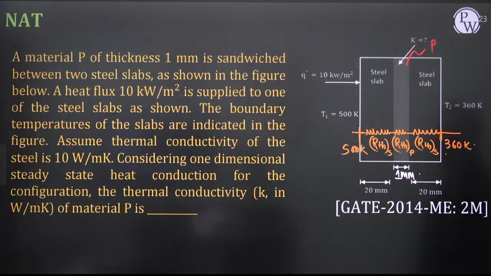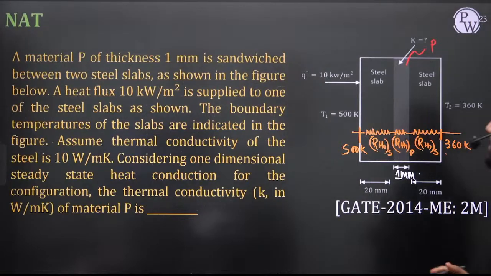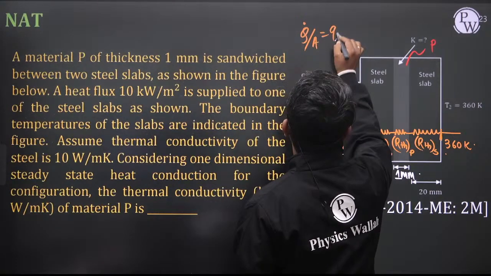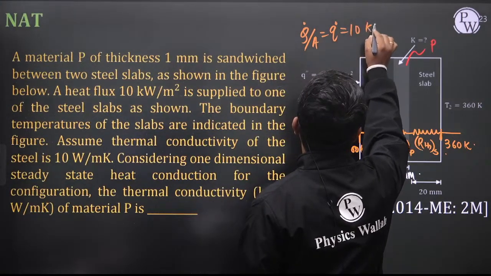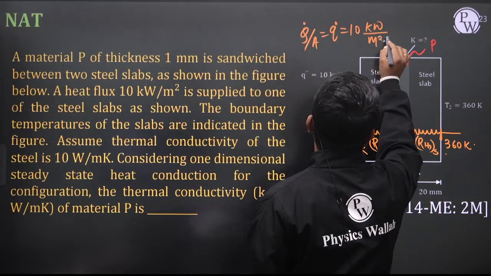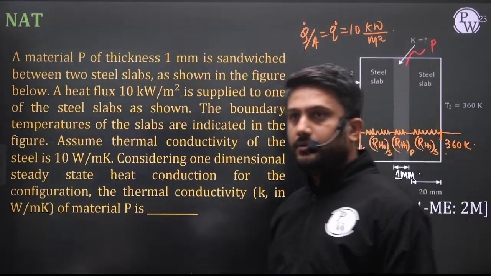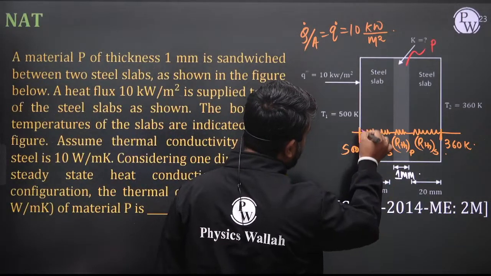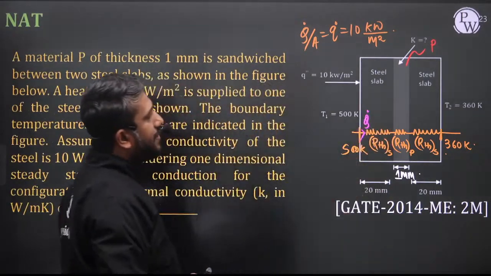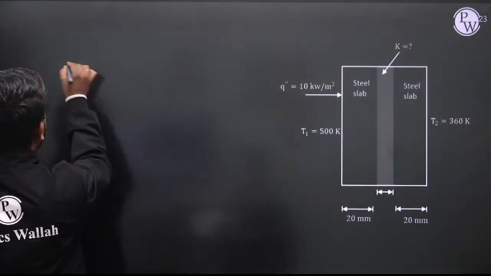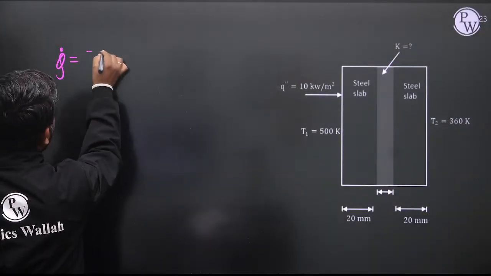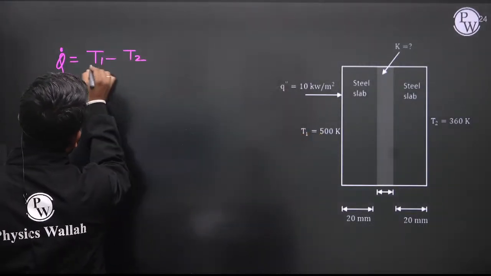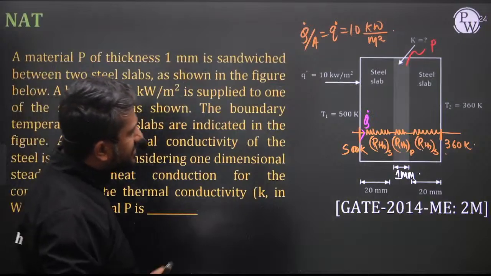In this question, the heat flux is given, that is 10 kilowatt per meter square. That means Q dot by A is the flux, 10 kilowatt per meter square. If I ask you what is the Q dot, the conduction heat transfer through this composite wall, we can write Q dot is equal to T1 minus T2 divided by R_th equivalent, and this is a series connection problem.